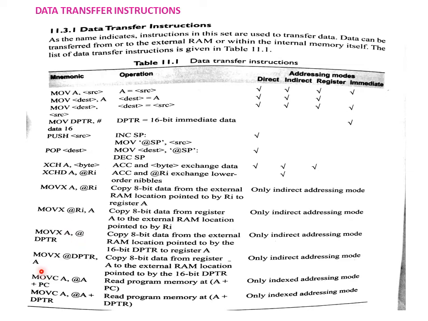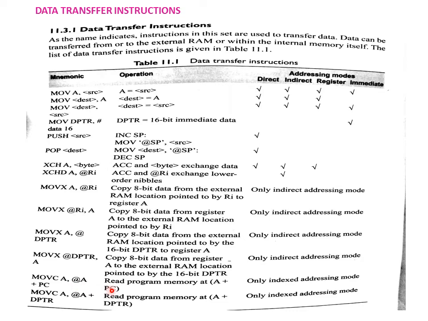Same here, in MOVX @DPTR comma A, the accumulator data is going to be moved to the address pointed to by the data pointer register. Next, MOVC A comma @A plus C.